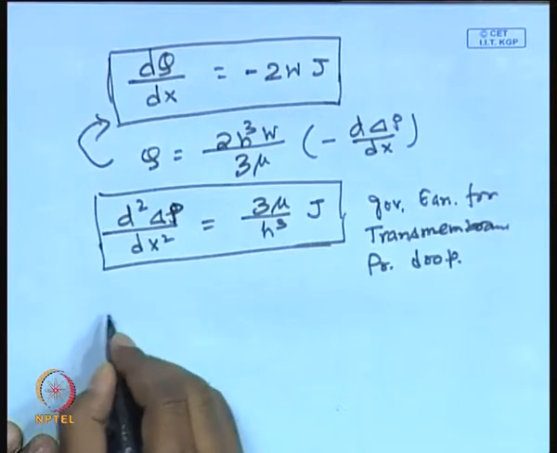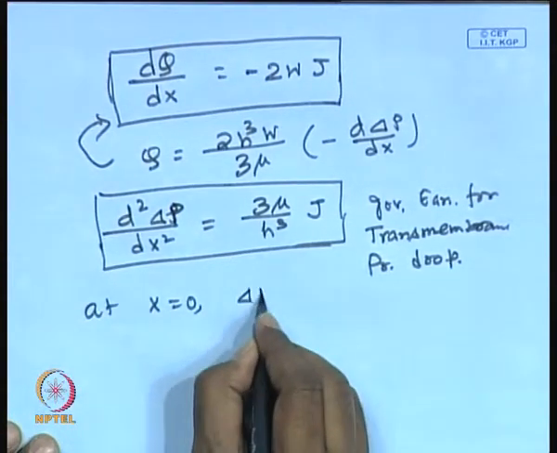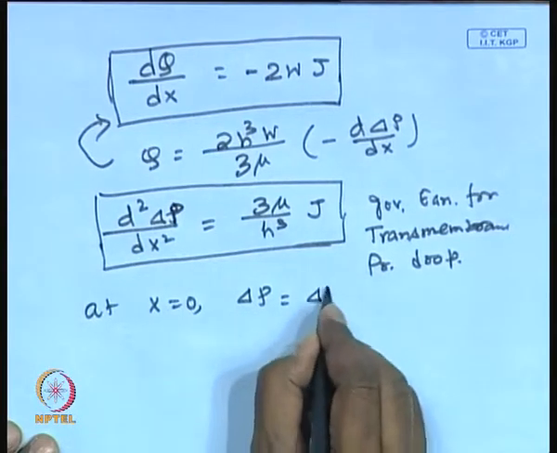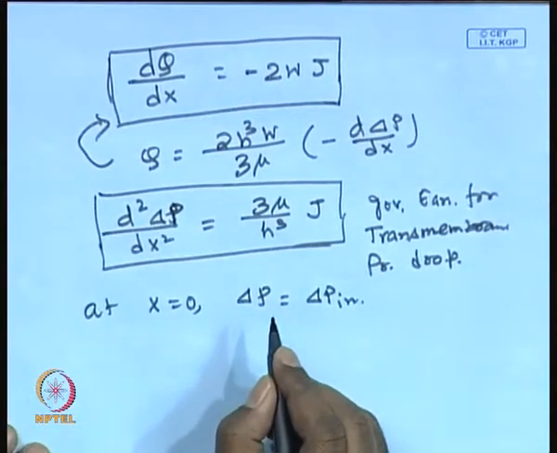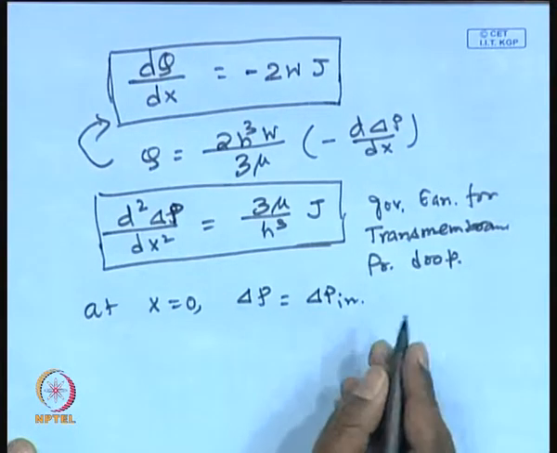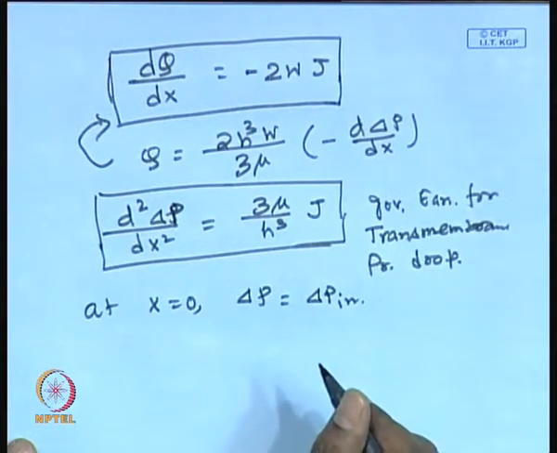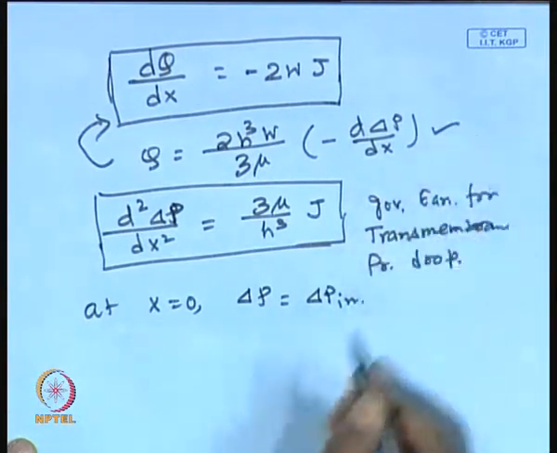The first boundary condition will be at x is equal to 0, your delta p will be nothing but delta p in. And what will be the other boundary condition? The other boundary condition will be obtained from the definition of q.